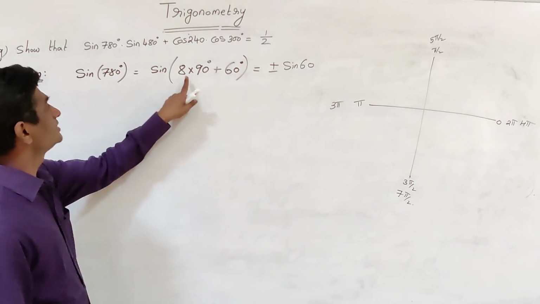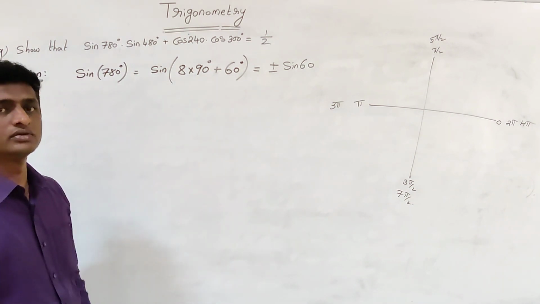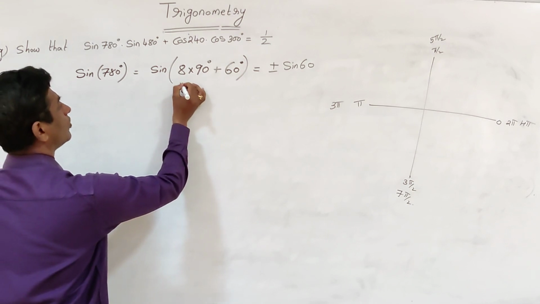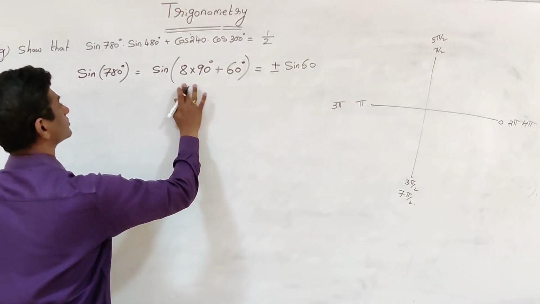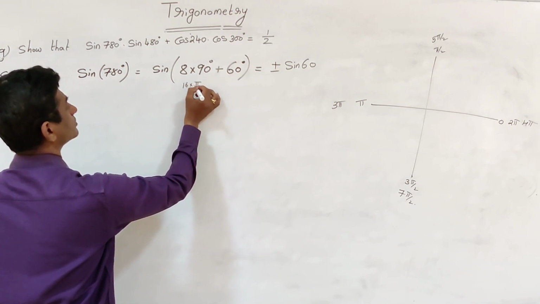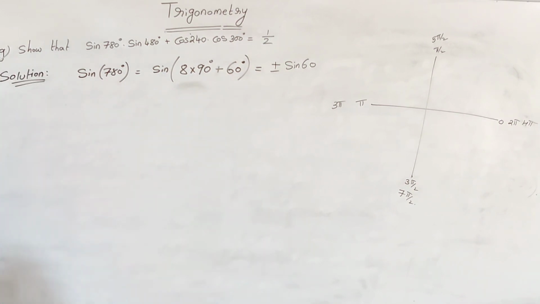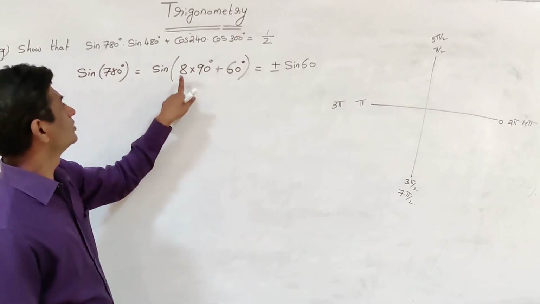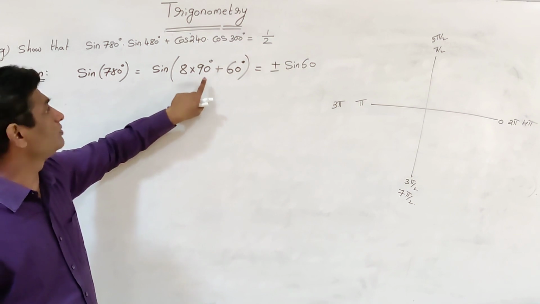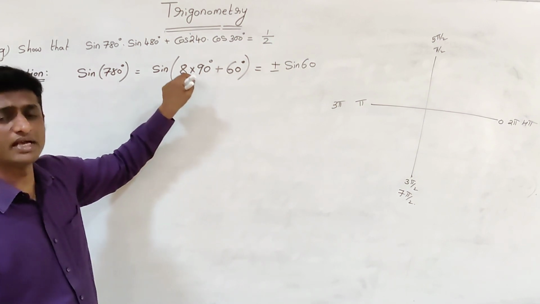But where is 8 into 90? 8 into 90 can be written as 4 into pi, since 90 means pi by 2, so 8 into 90 is the same as 4 pi.